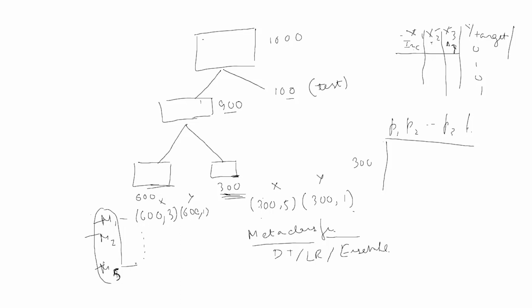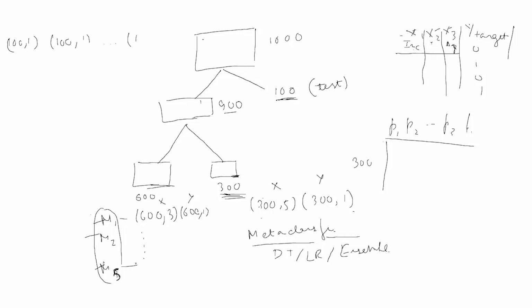Once you do that, how does the final prediction on the 100 look? For these 100 data points, first you would take their predictions from the 5 models, right? So one model gives you 100 comma 1, the second model would give you 100 probabilities, right?